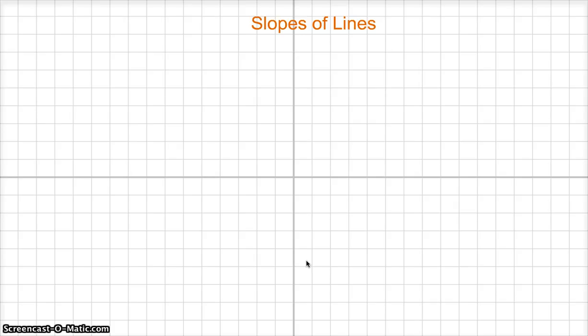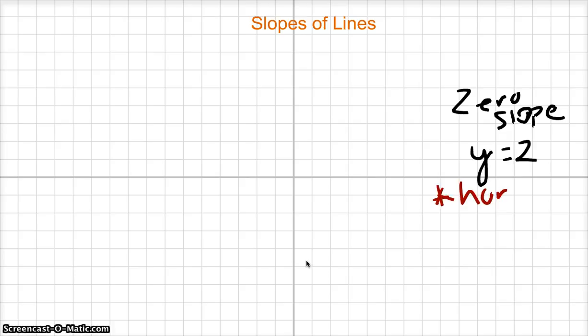For the next one, we're going back to the top row. On the right-hand side of that graph, you're going to write zero slope. The line we are going to graph is y equals 2. When it's a zero slope, it's always going to be a horizontal line, and it should always be y equals some number, y equals a constant.